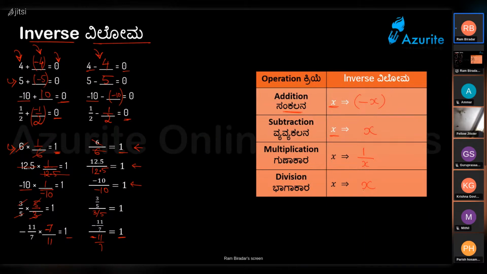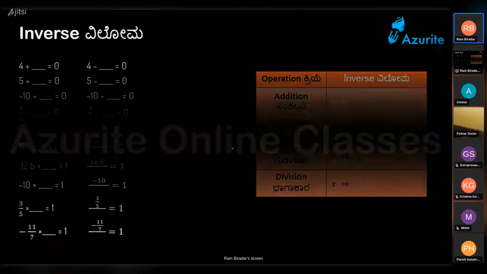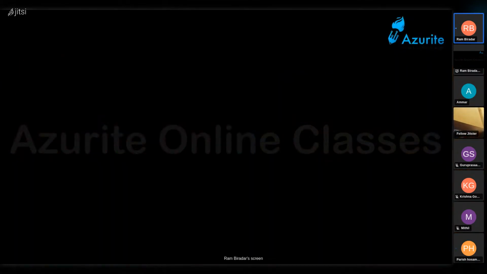So the inverse is, in addition and subtraction we have to get 0 as the answer, and in multiplication and division we have to get 1 as the answer. So whatever the number gives, we just have to write that. Okay, does everyone understand? Yes sir. Okay. Yes sir.